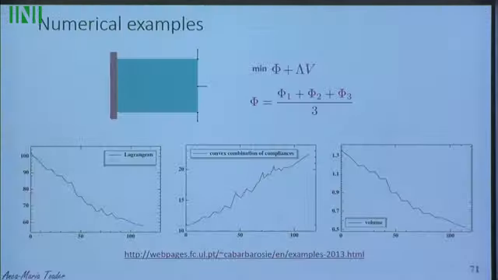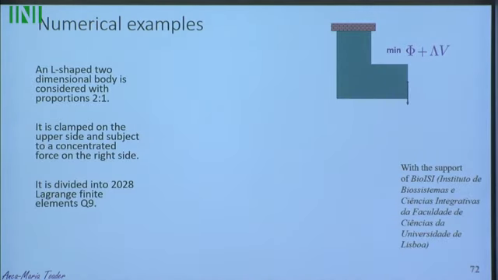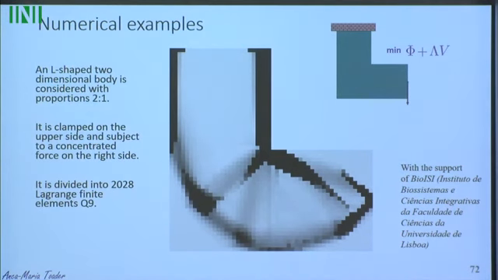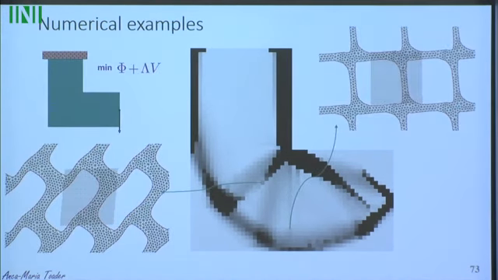Okay, and now our last example, an L-shaped two-dimensional body in proportions 2:1. It is clamped on the upper side, and it has this concentrated force here. It is divided in 2028 Lagrange finite elements Q9, and here is the final design. Here are two examples of meshes in these two points, microstructures.